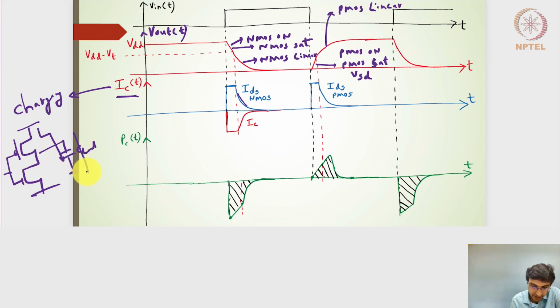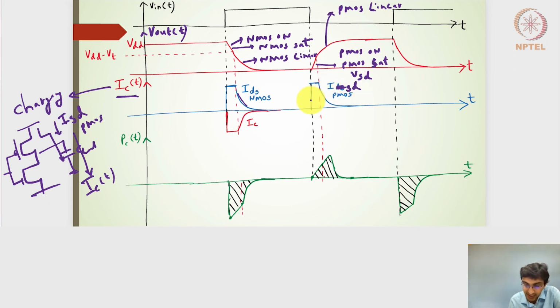So if this is my current direction of the capacitor, IC of t, this is in alignment with that of the ISD of the PMOS. So this should be nothing but the ISD of the PMOS.